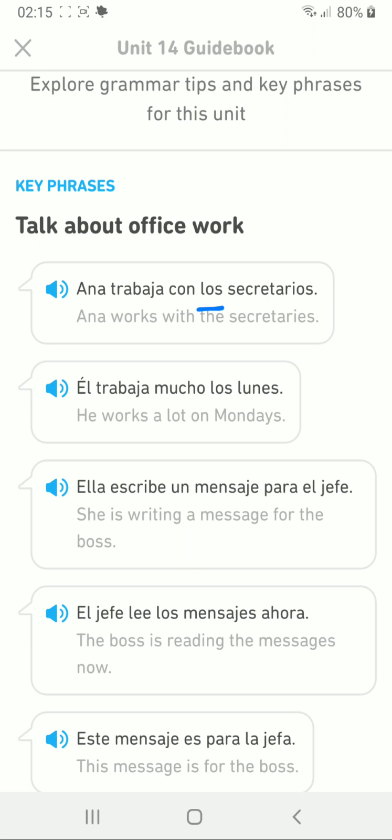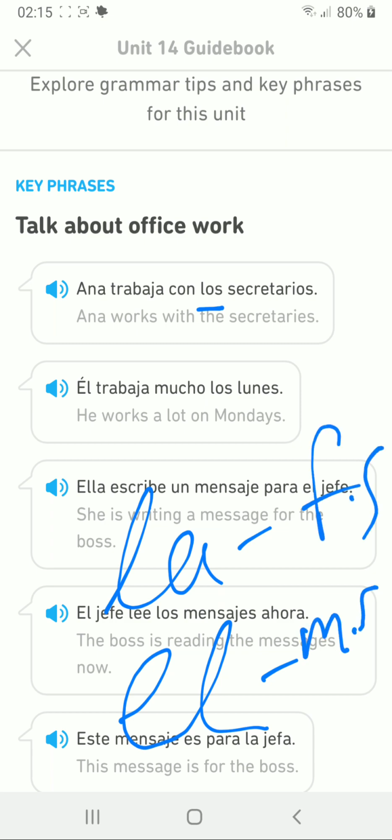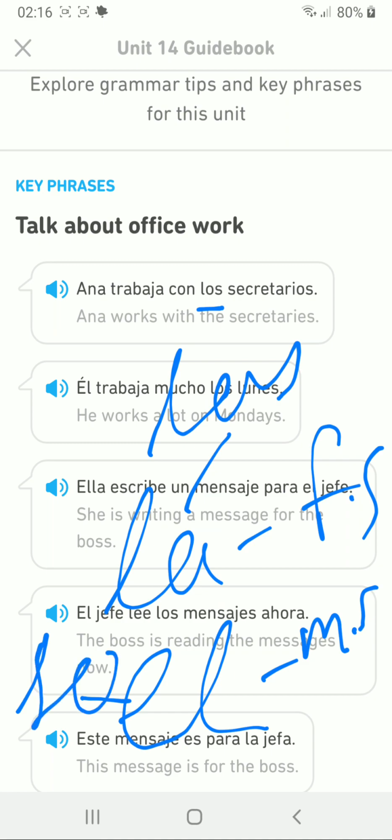So we have seen la and el. See, we have la, definite. This is for feminine singular, this is for masculine singular. La niña, el niño. But when it's plural, for la you will say las, but for el, you will say los. Okay?